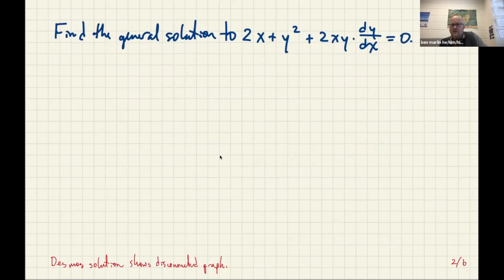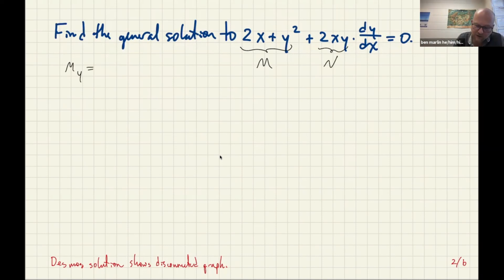Let's try this. For this one here, we're going to have to separate the pieces, and we'll label this as M and this as N, and then check. We have to check M sub y.